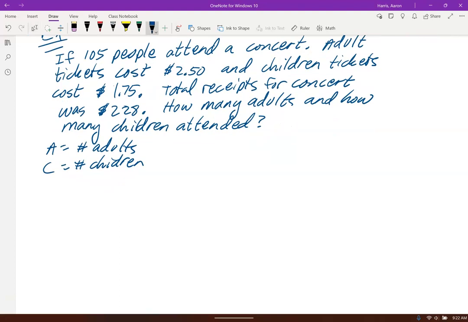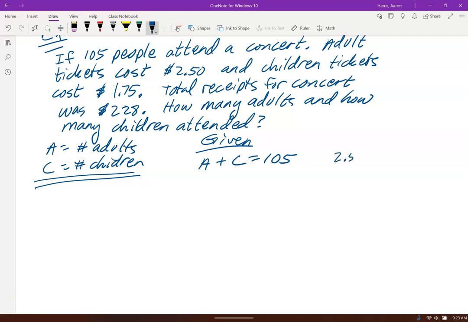And we know, or what our givens are, is there's 105 people that attended in total. So adults plus children, there's 105. Now, in addition, we don't know how many at this point adults and how many children, but we do know sales.